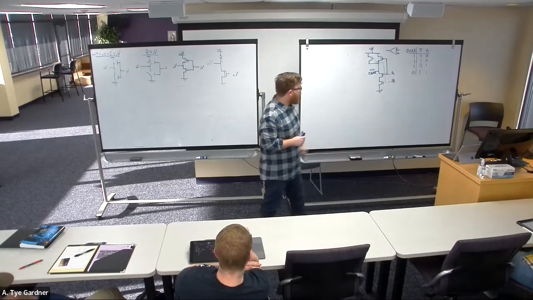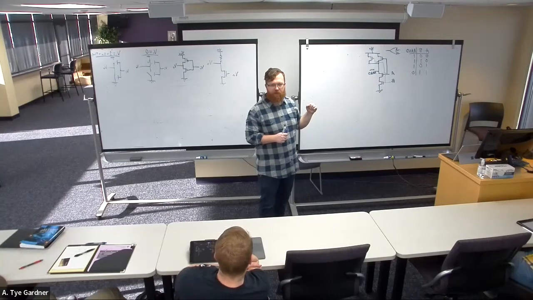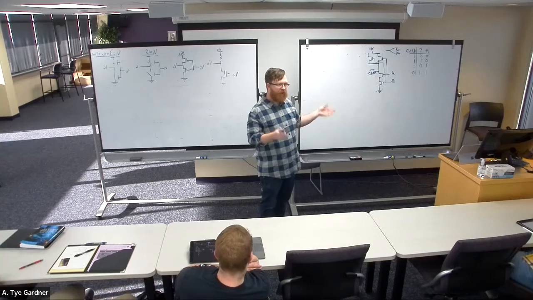That's pretty much what everything is going to fall out as. And so I built a NAND. If I want to turn this NAND into an AND, what do I do? Invert it, right? A not and is just and. So if we invert the NAND, I end up with AND.